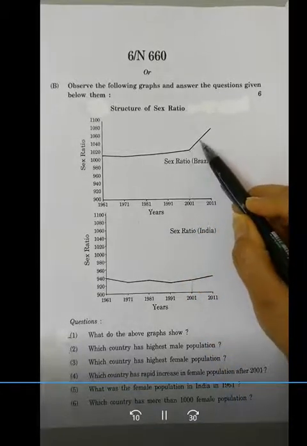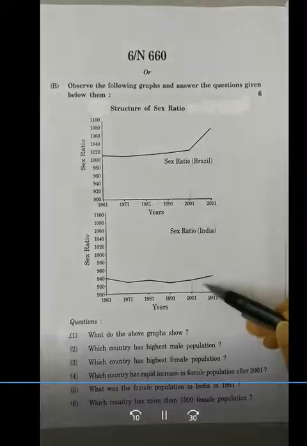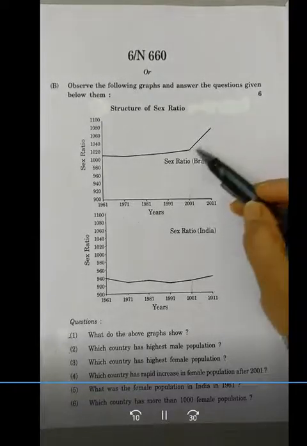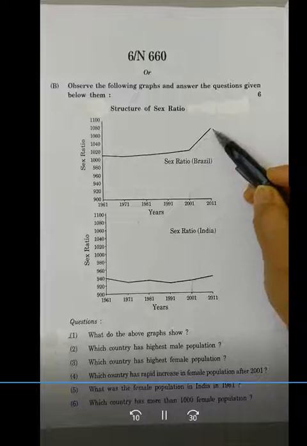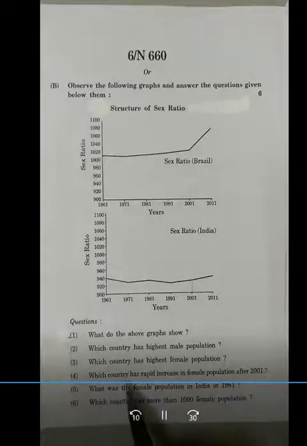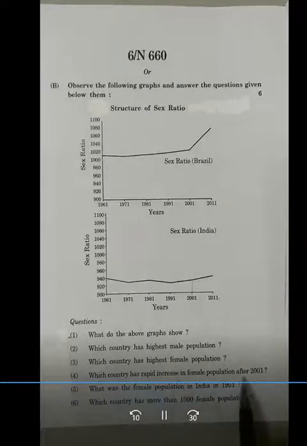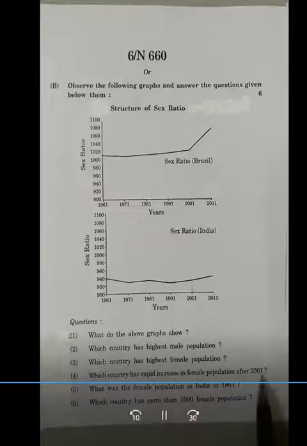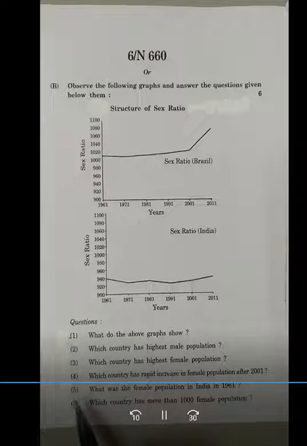You see from here, it is directly rising. So which rises more? Both are rising, but more rise is in Brazil. So rapid rise is in Brazil. Brazil has a rapid increase in female population after 2001. And you are going to underline Brazil.